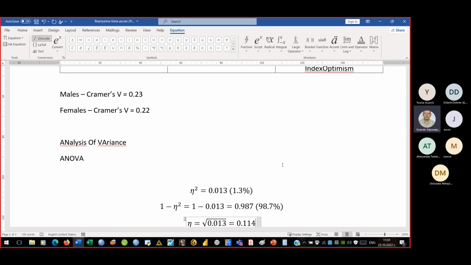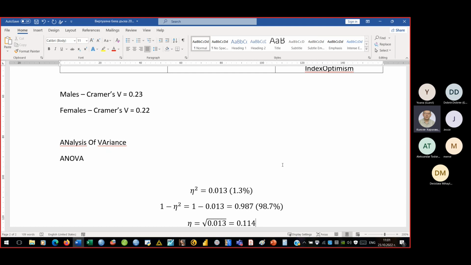And again, in our case, this value is between 0 and 1/3. That means that the relation is weak. Different coefficients, but all show that the relation between marital status and optimism is weak relation.